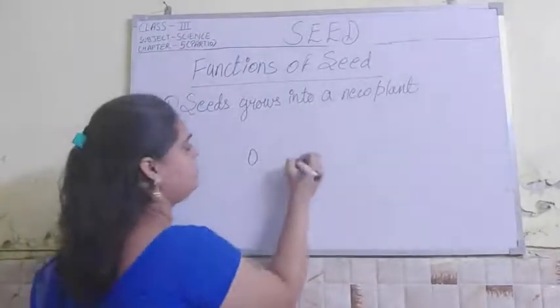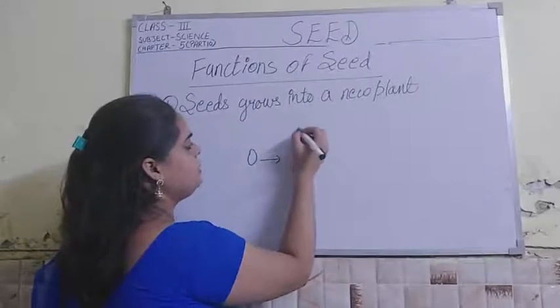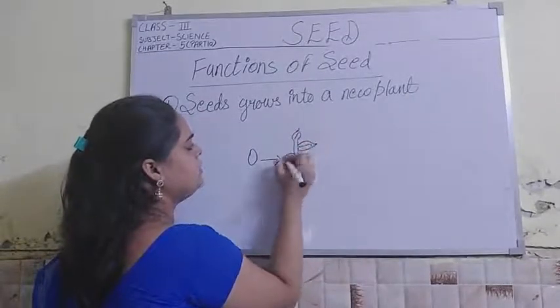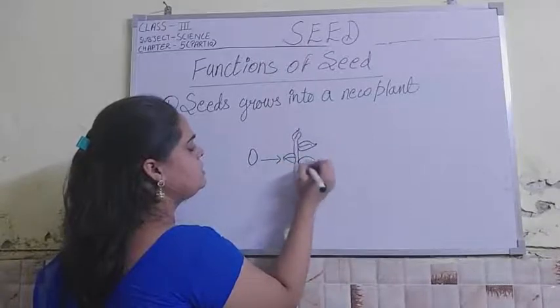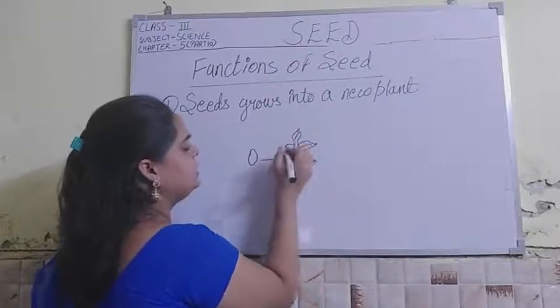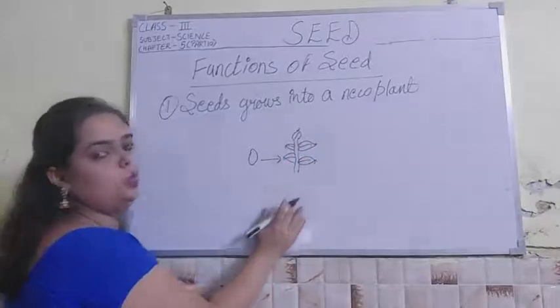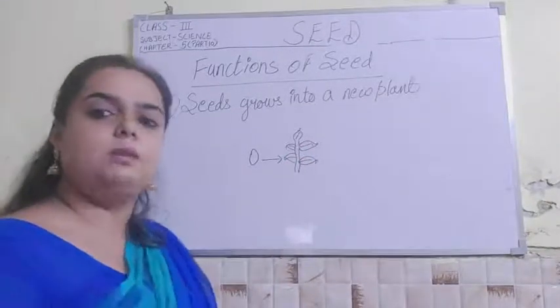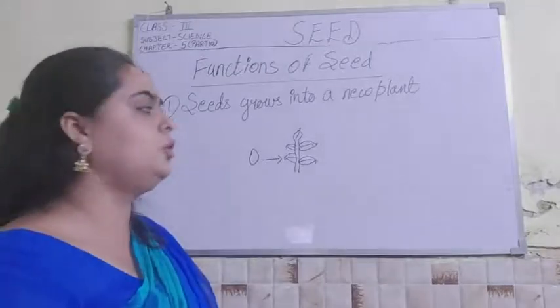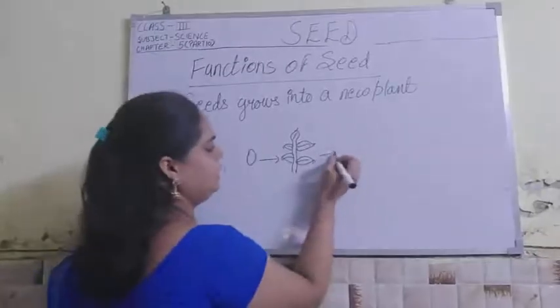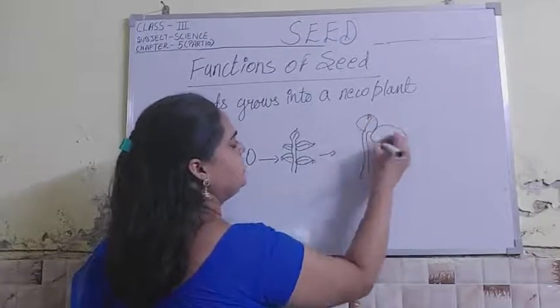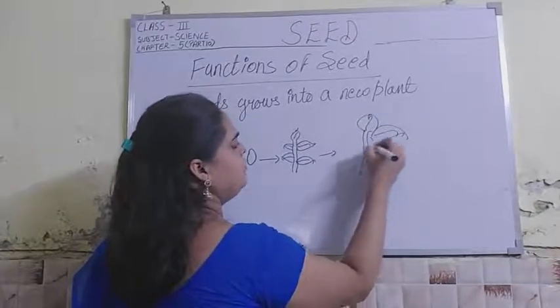For example, this is a baby plant. This seed has developed into a baby plant, and then this baby plant will grow into a big plant.